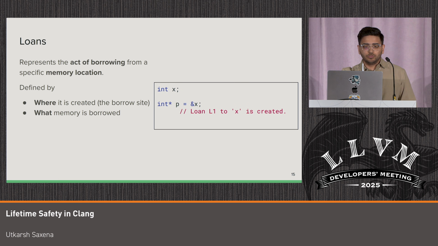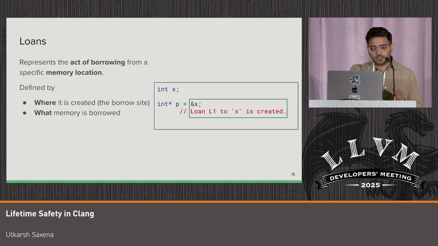For example, when you assign the address of an integer to a pointer, we say that specifically on the right-hand side, loan L1, let's say, to the path X was created. And this X could be any storage. For example, here, this is just a stack variable. It could be any arbitrary path to a storage in your memory. For example, struct.some field and things like that.